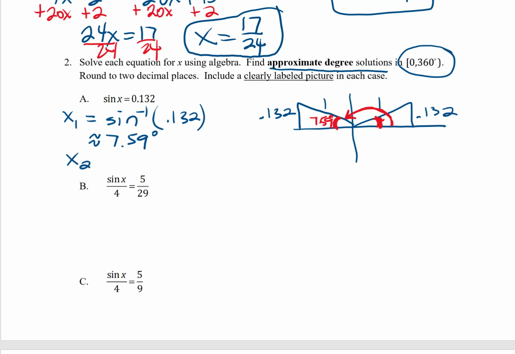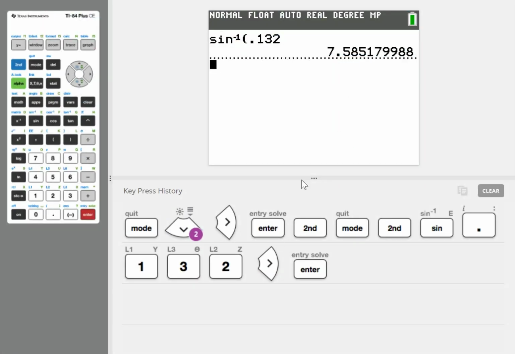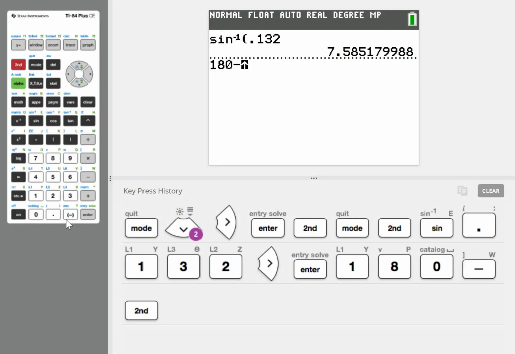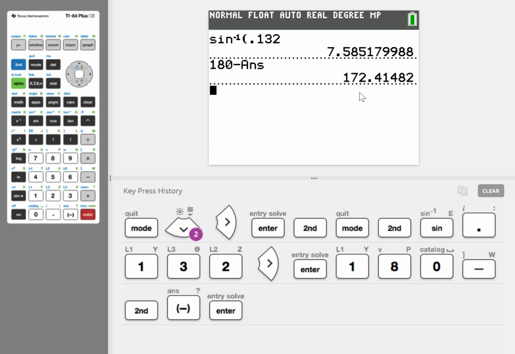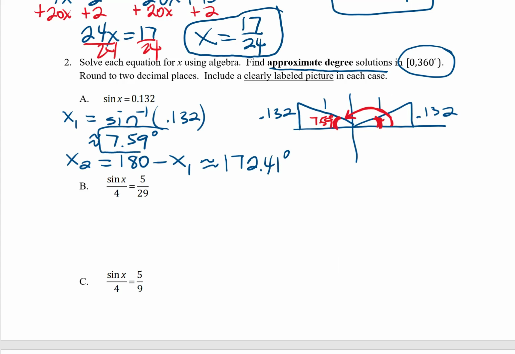In other words, x2 is just 180, take away that x1 answer. Going back to the calculator, I will type 180 minus the last answer, and I get 172.41 degrees. And I'm finished. Remember, it's the symmetry of these pictures that is the key to finding all of the answers.